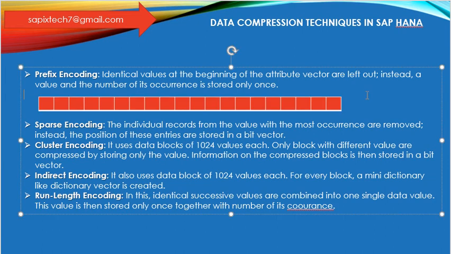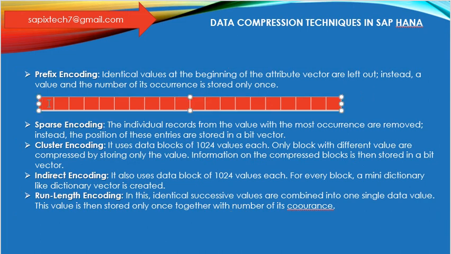Assume we had a table in which multiple entries were there, and after dictionary vector creation, the data in memory is stored in this format.